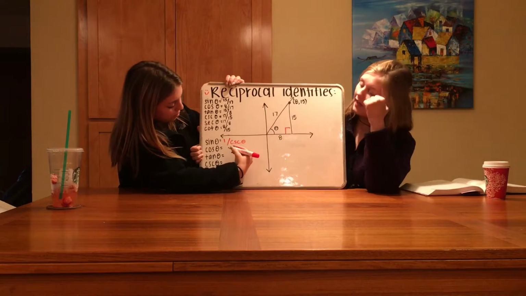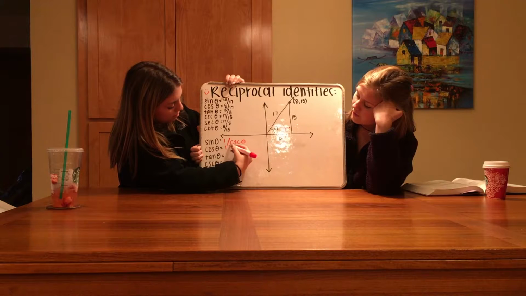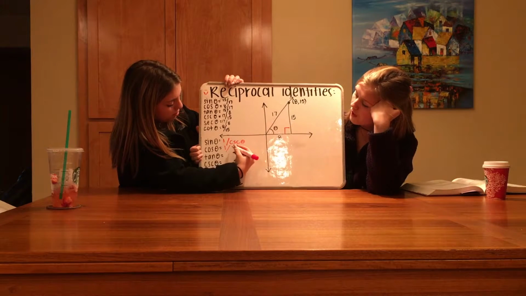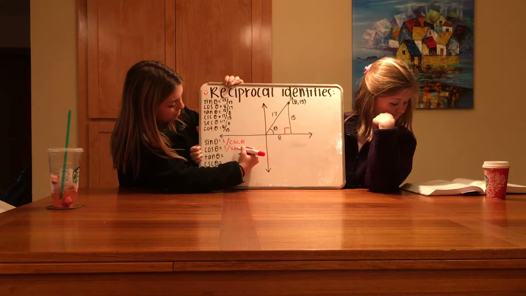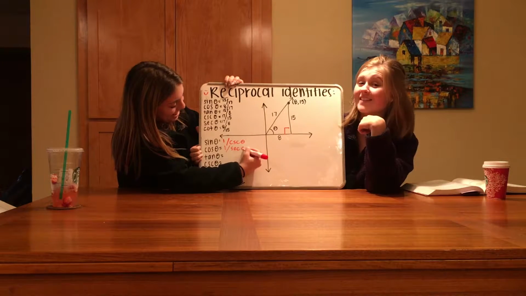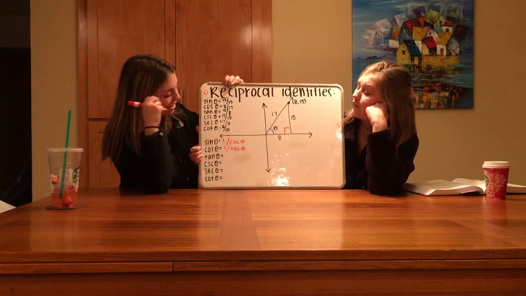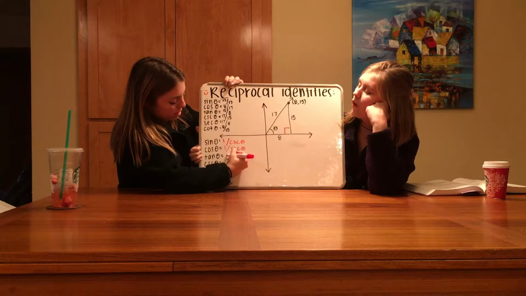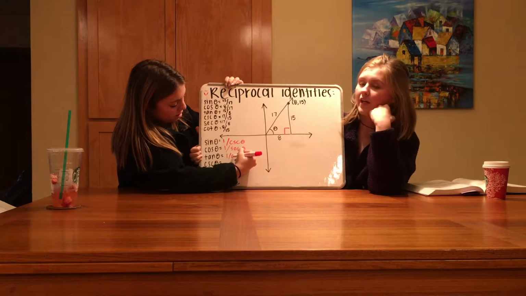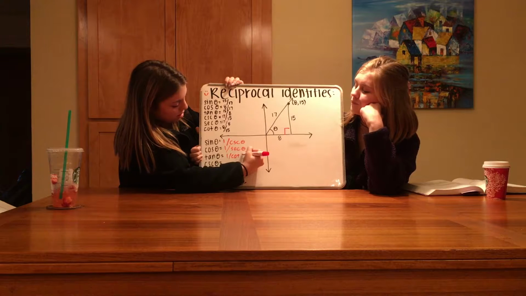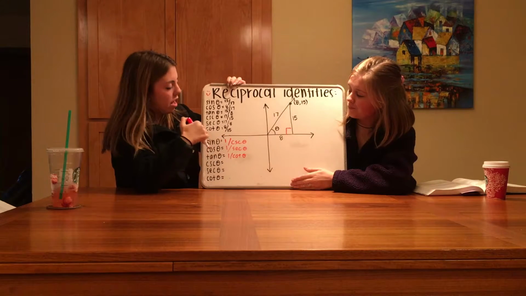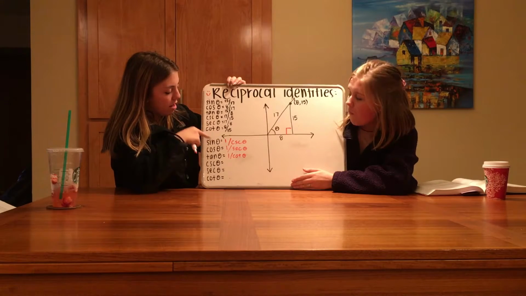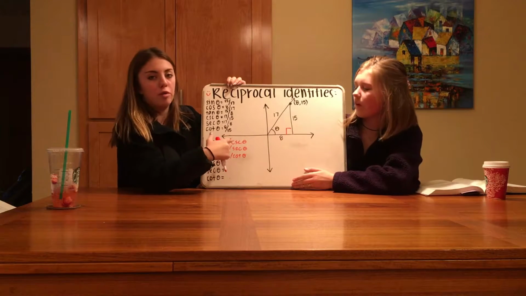And then for cos, it's 1 over secant of theta. And for tangent, it's 1 over the cotangent of theta.